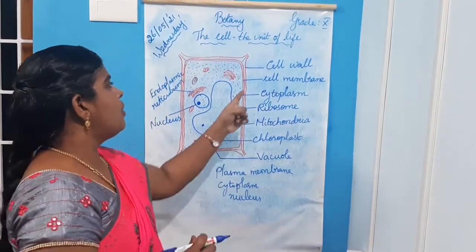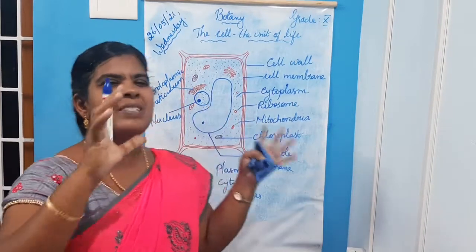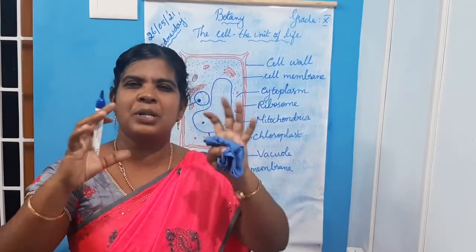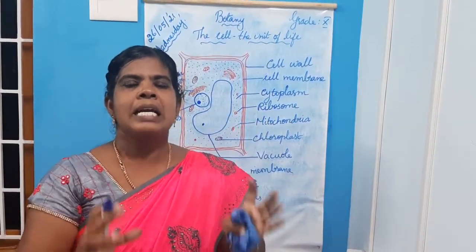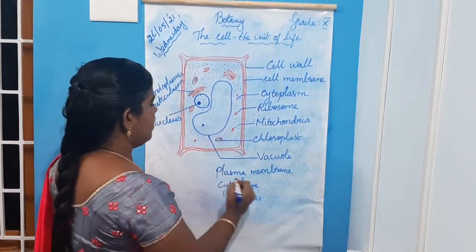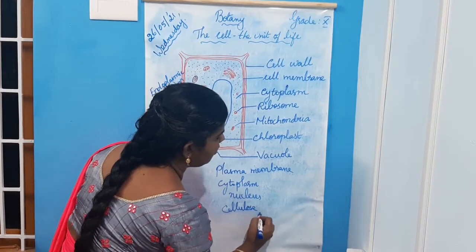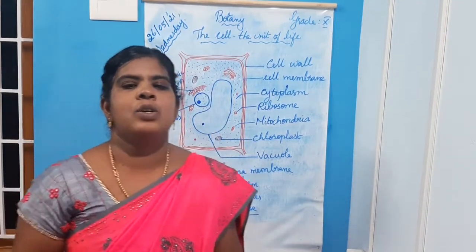The cell wall is the outermost layer, the protective covering of a plant cell. It is mainly made up of a wall material called cellulose.